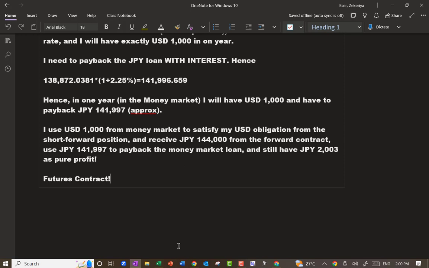Forwards are contracts between two counterparties, and they can be customized any way you want. I can have a contract with you that says on, exactly 143 days from now, I'm going to buy $937,000 from you against euro. But futures contracts are more standardized.